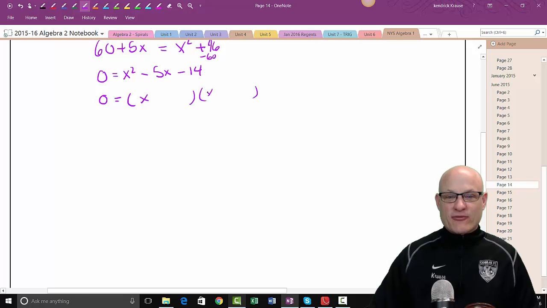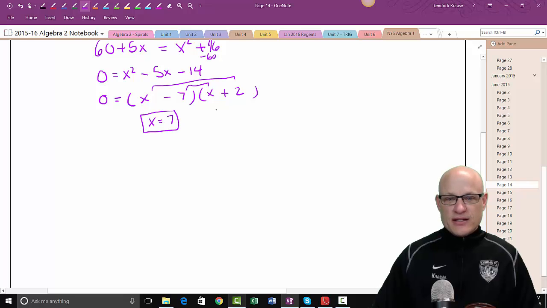They have to multiply to negative 14, add up to negative 5, so that would be negative 7 and positive 2. Multiply to negative 14, and they add up to negative 5. Perfect. This gives me x equals positive 7. This gives me x equals negative 2. Doesn't make any sense.